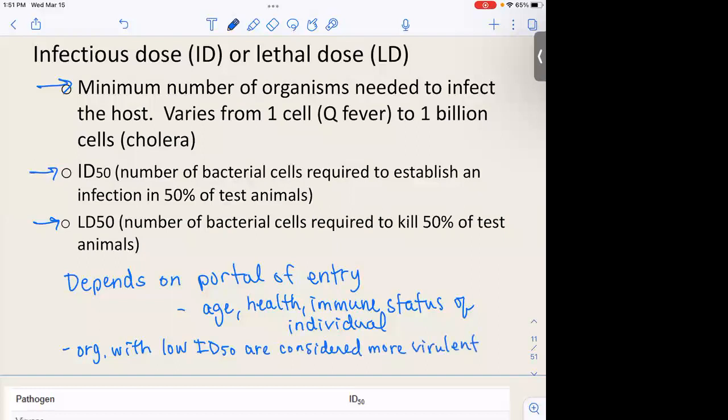So it's one way that we just gauge virulence. If it only takes a few, say, cells of bacteria to cause an infection, we would say that they're more highly virulent. Okay, if it takes a whole bunch of cells, then less so.